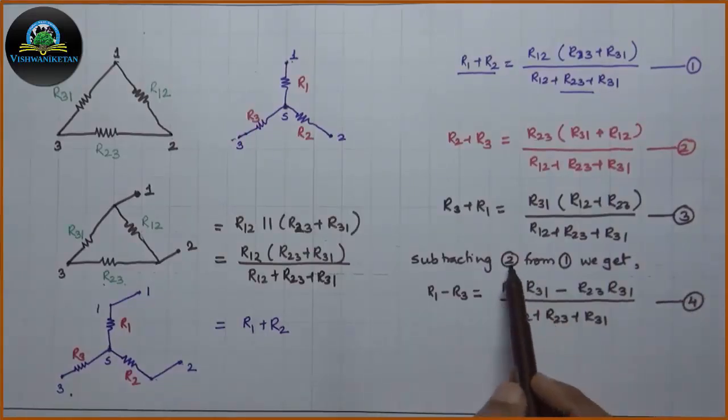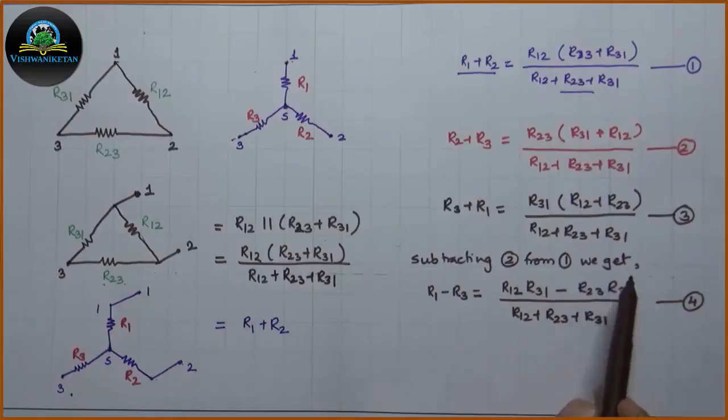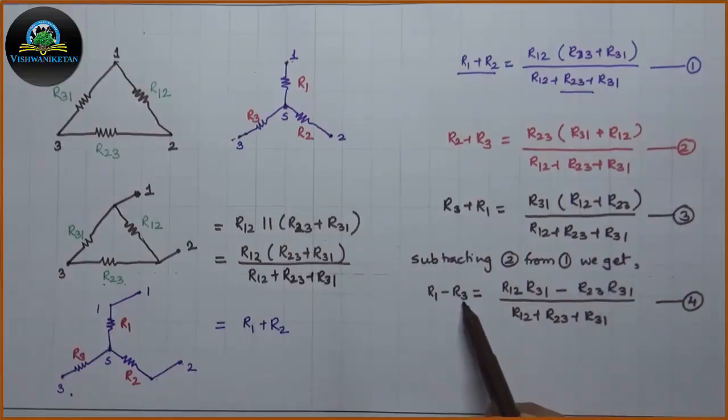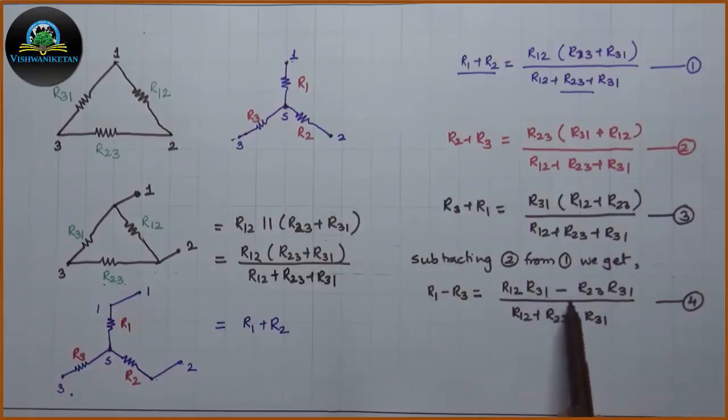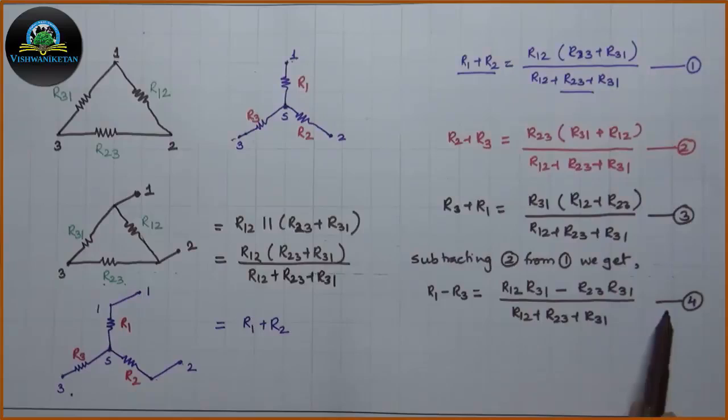Subtracting equation number 2 from equation number 1, we get R1 minus R3 is equal to (R12 into R31 minus R23 into R31) divided by (R12 plus R23 plus R31). That will be considered as equation number 4.